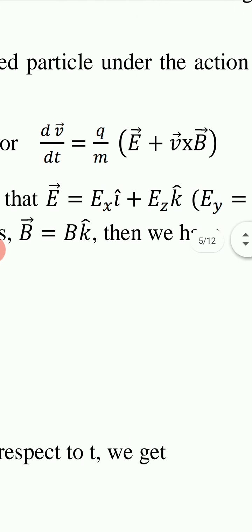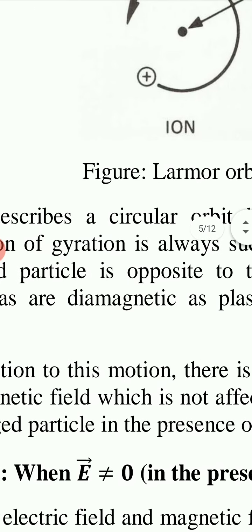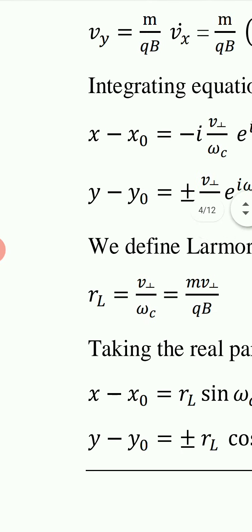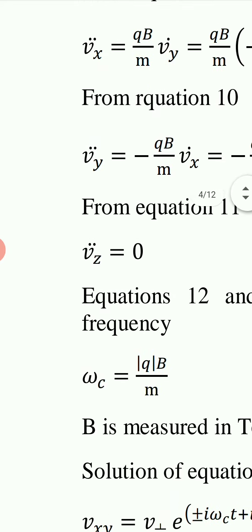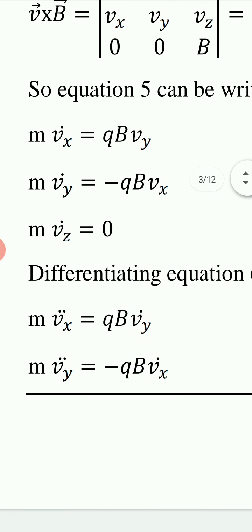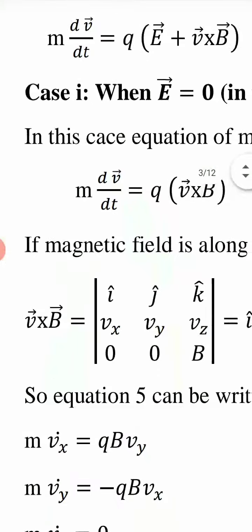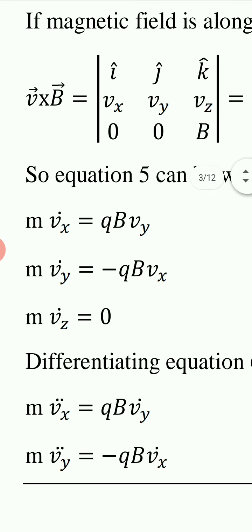V cross B we can determine as in the previous topic by using this determinant. This is the determinant for v cross B. The first row is i cap, j cap, k cap. The second row is Vx, Vy, Vz, which are the three components of V vector. And in the third row, we have 0, 0, B. These are the three components of B vector.